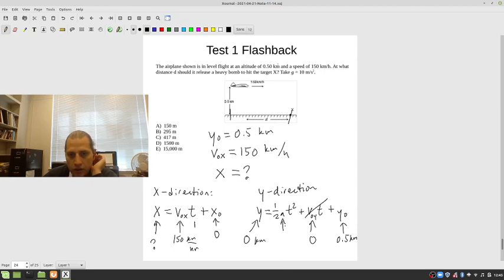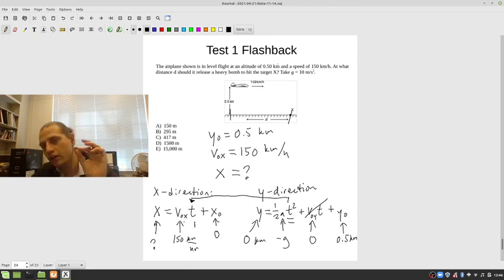Here your acceleration in the y direction is minus g. Why minus? Because it's downward. So what is your strategy here in this problem? You're going to go ahead, solve for t, put that t in here, and then solve for x.